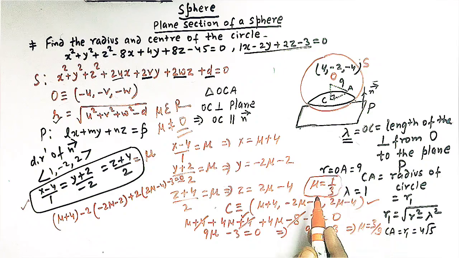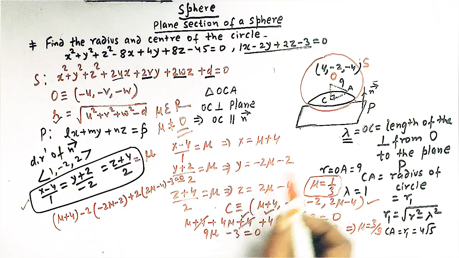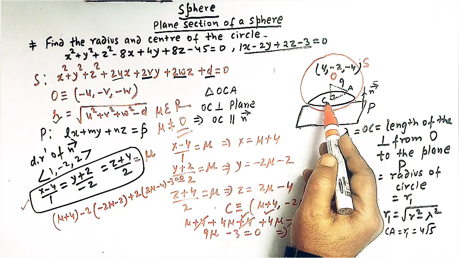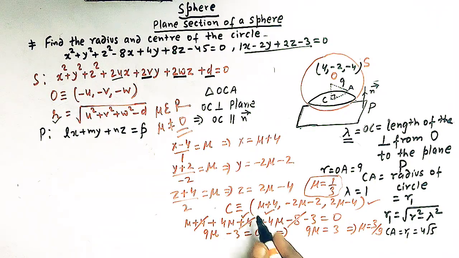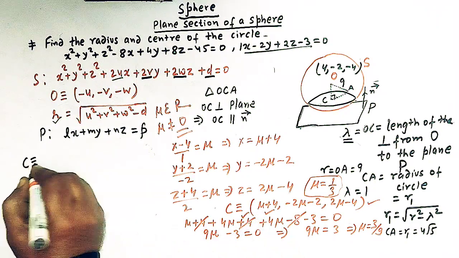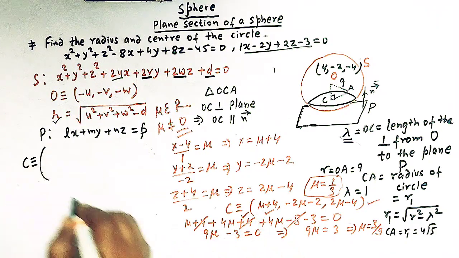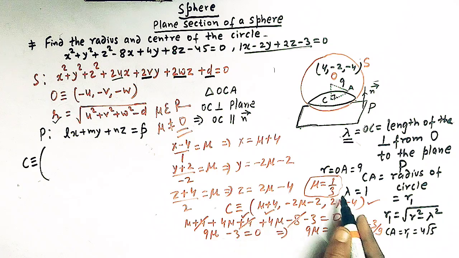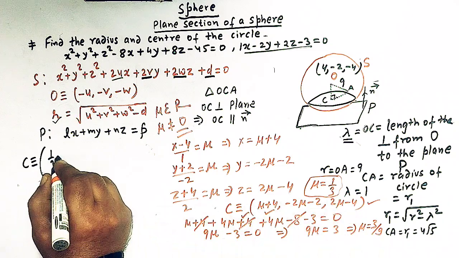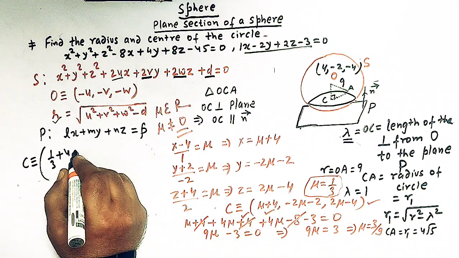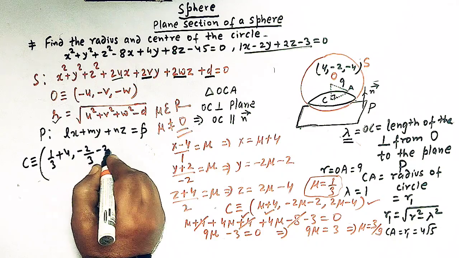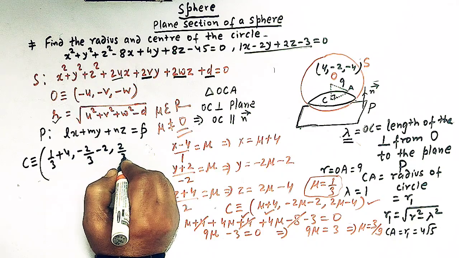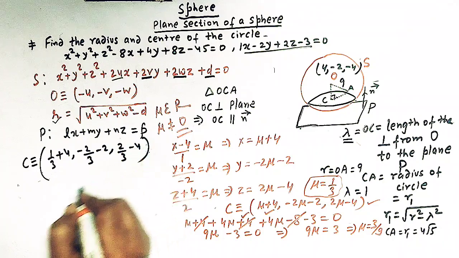So now we can substitute the value of mu in these coordinates to get the coordinates of the center of the circle. So now we can write the coordinates of the point C as mu plus 4, where mu is 1 over 3, plus 4. Then we have minus 2 over 3 minus 2. Then we have 2 over 3 minus 4.